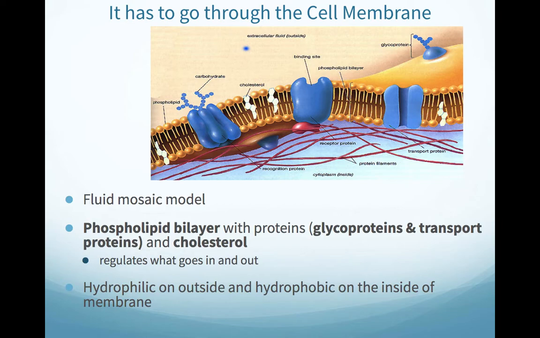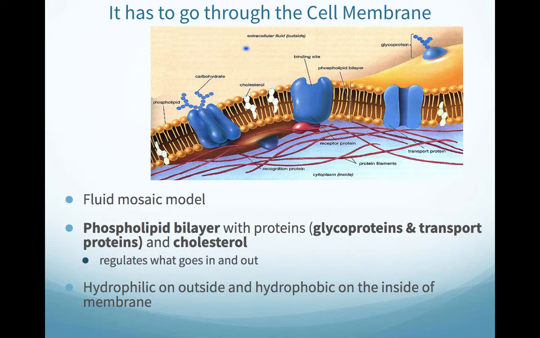But that's what the glycoprotein is, to say, hey, I'm Johnny's cell, hey, I'm Jimmy's cell. And the transport proteins are proteins that help things move in and out of that cell membrane. And the cholesterol is important as a binding force, and to make sure that the phospholipids and proteins can constantly move around.